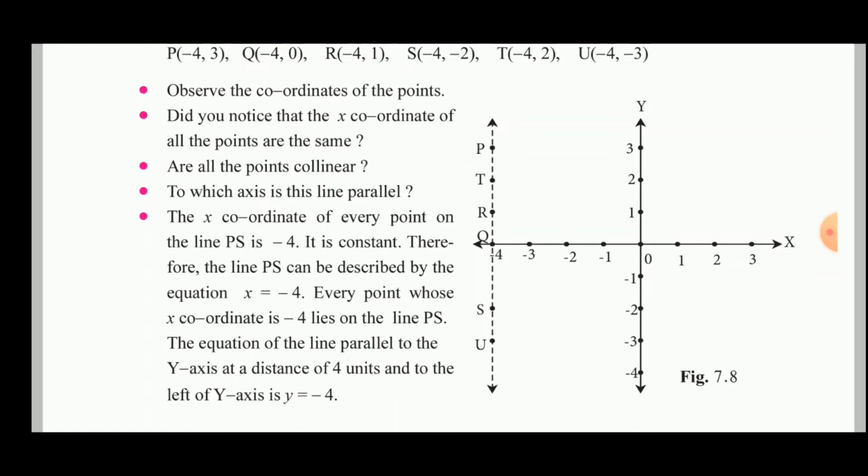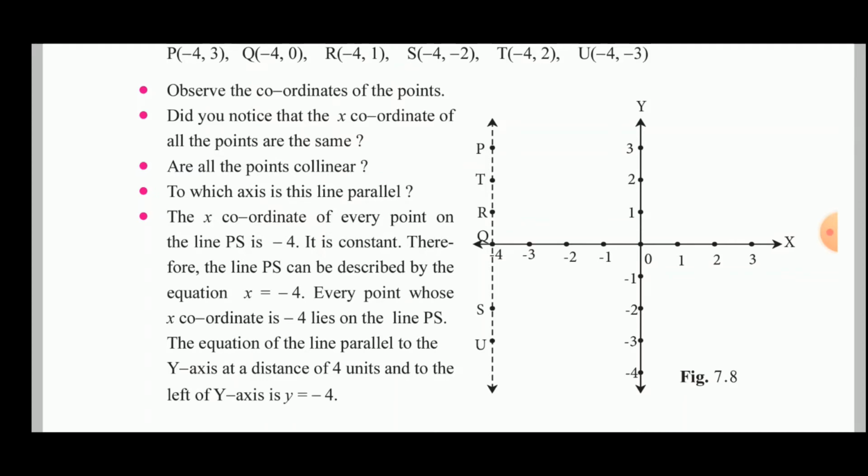Now the distance of this line from the y-axis is 4 units to the left of the y-axis. So based on this, we can say the equation of the line parallel to the y-axis at a distance of 3 units to its left will be x is equal to -3. Now all the points which are on the y-axis will have the x coordinate 0.